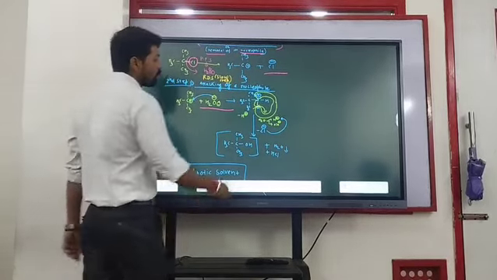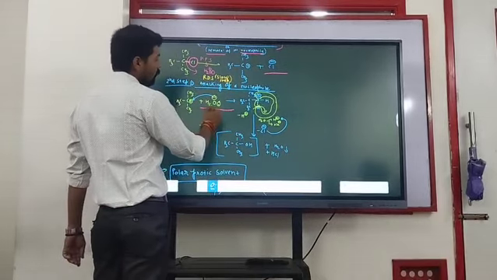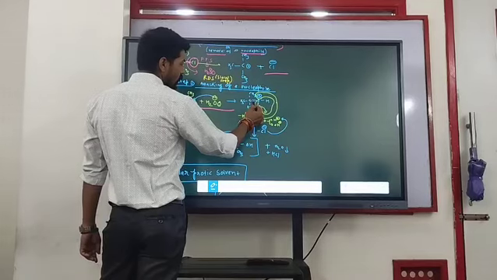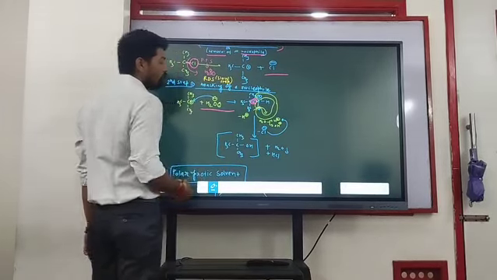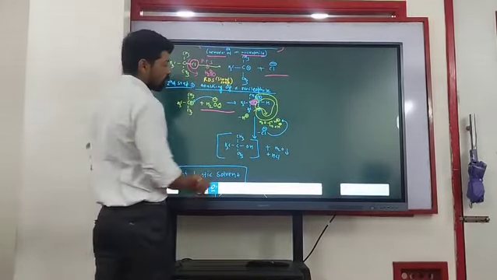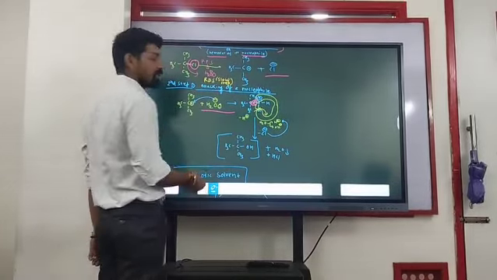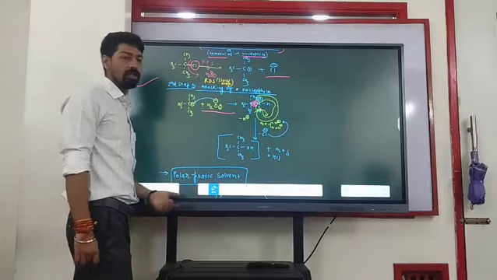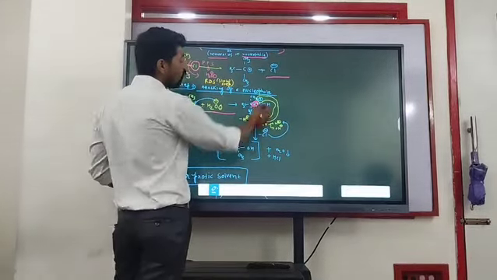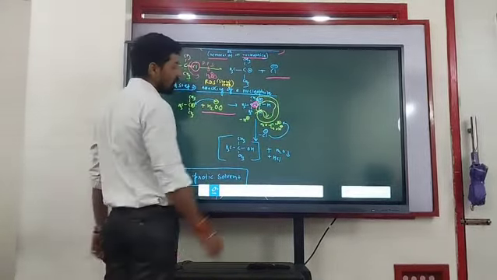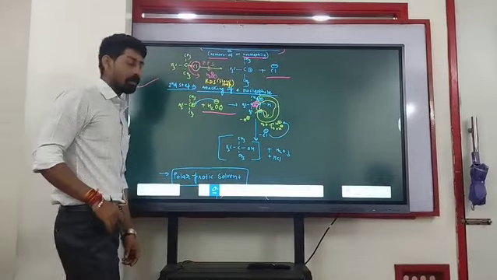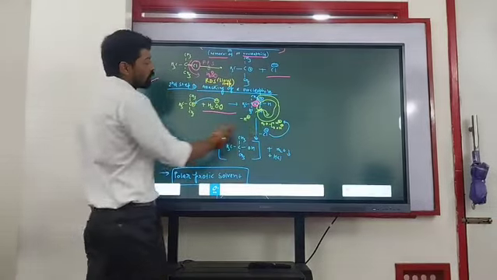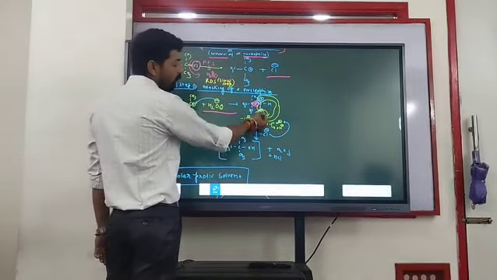Am I right or wrong? So it will make one bond like this. This bond will form by H2O. And if oxygen is donating electrons, it has a positive charge on oxygen. Are you getting me?